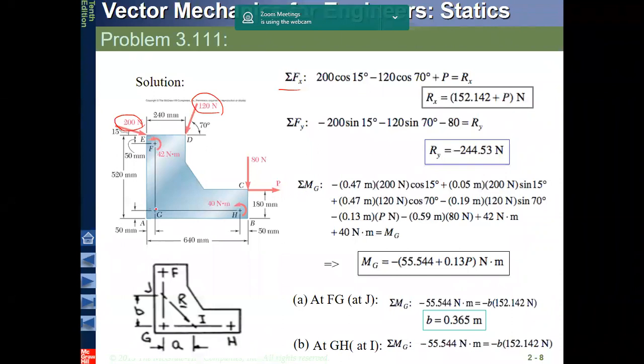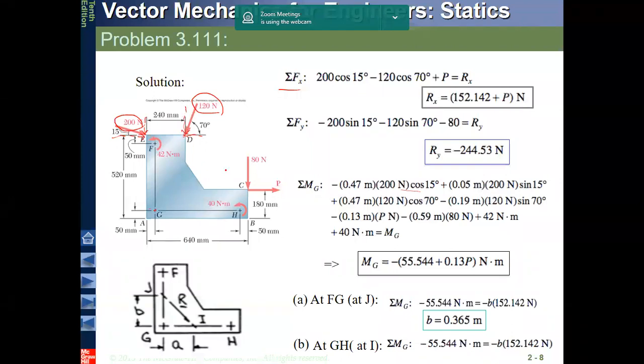We pick point G and then calculate the moment of each force. The first term is the x component of this 200 force. The second one, the y component. Then for this 120, we have two forces.